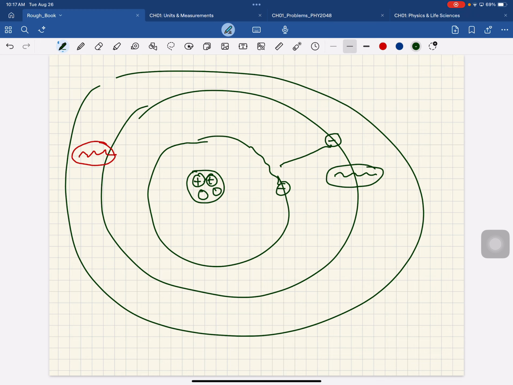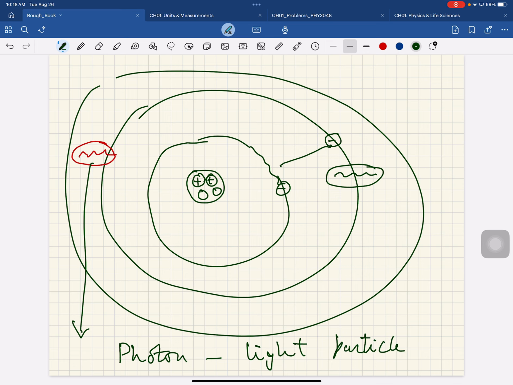Is that photon the iron or like a gadolinium? Those are not the photon. A photon is a light particle. The energy of the photon is a constant, Planck's constant, times the frequency of the photon. The higher the frequency, the more energy the photon has.